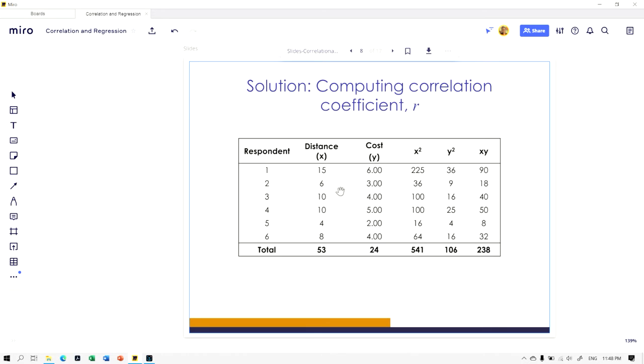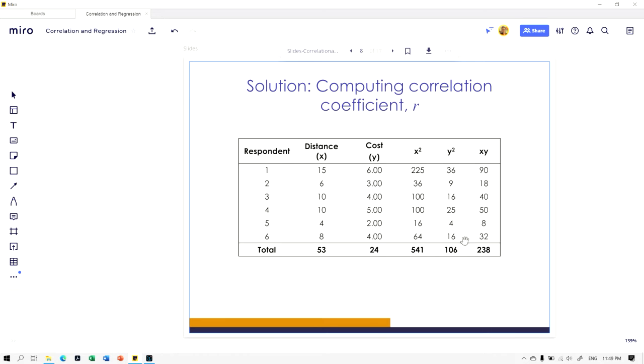For the second respondent, the value of x is 6 and 6 squared is equals to 36. And if we continue, we will get all the values for x squared for every single respondent, and the total is given by the sum of x squared with a value of 541.